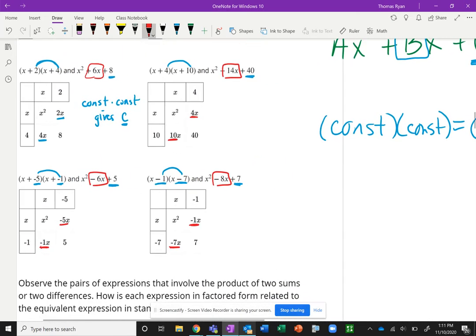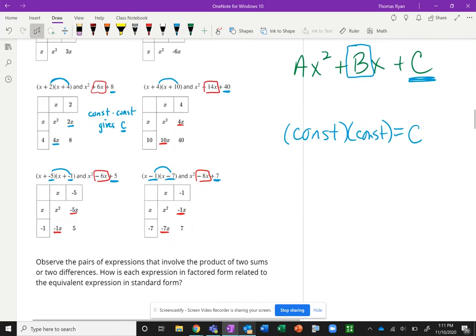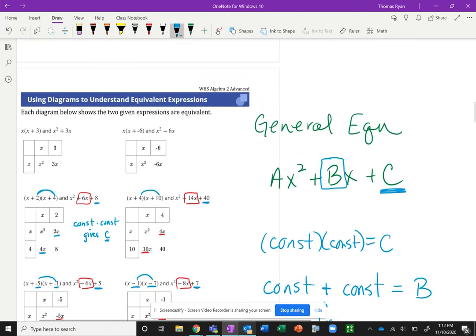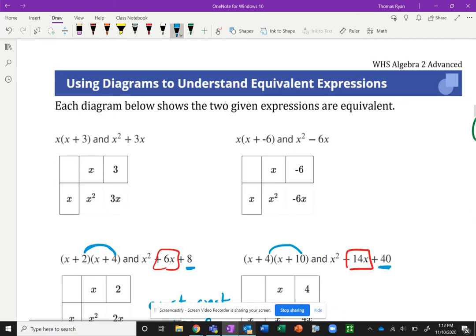So we should be able to say, okay, well, wait a minute. The 2 constants in the binomials, instead of timesing the 2, and I know that looks like a t, but it's a plus sign, the constant plus the constant gives us our b term. Let's even go up here and make sure that this works as well.